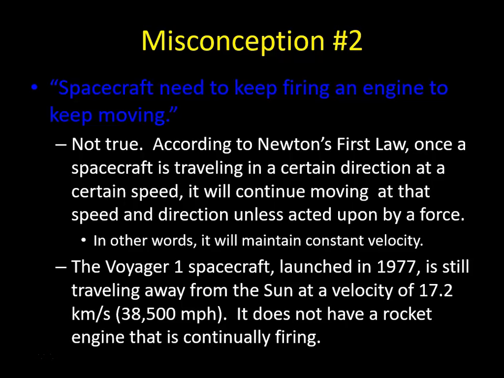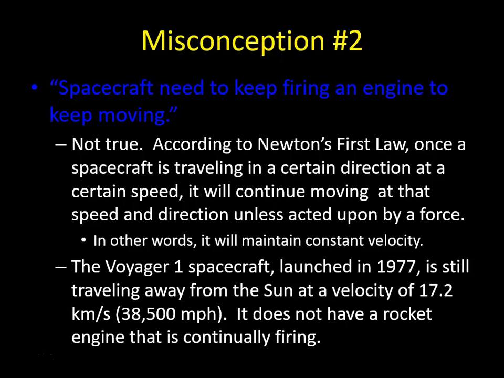So, misconception number 2: spacecraft need to keep firing an engine to keep moving. Well, Newton's first law says that the natural state of motion for objects is to maintain constant velocity. And as such, we have a number of spacecraft like the Voyager 1 spacecraft, Voyager 2 spacecraft, the Pioneer vehicles, the New Horizons spacecraft.